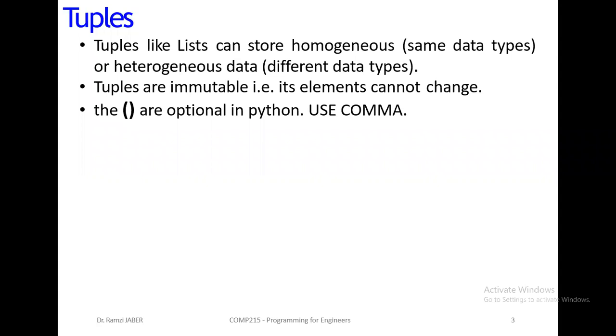The second difference is that the parentheses in tuples are optional, whereas the brackets in lists are obligatory. So when you define a list, you must put brackets. When you define a tuple, there is no need to put parentheses or brackets, but we must use commas.